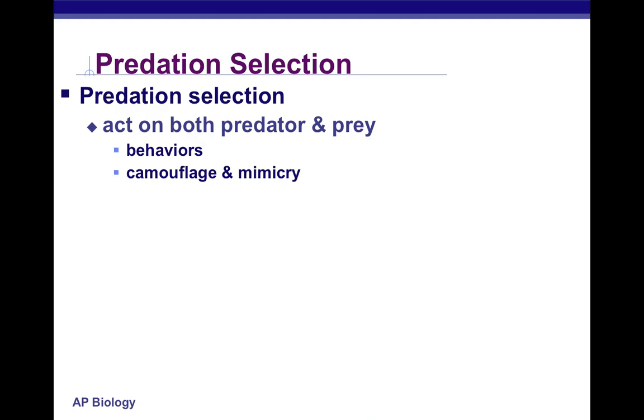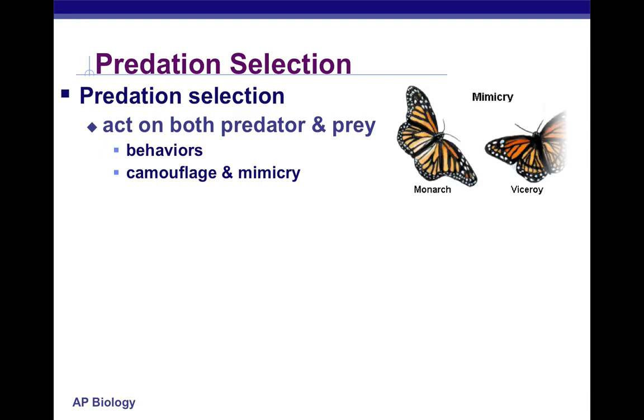A good example is that lots of flies have black and yellow coloring to look like a bee, so no one will mess with them. Another example is the monarch butterfly, which is poisonous, while a bunch of other butterflies copy that orange, black, and white look so that they won't be preyed upon. Those are different examples of mimicry.